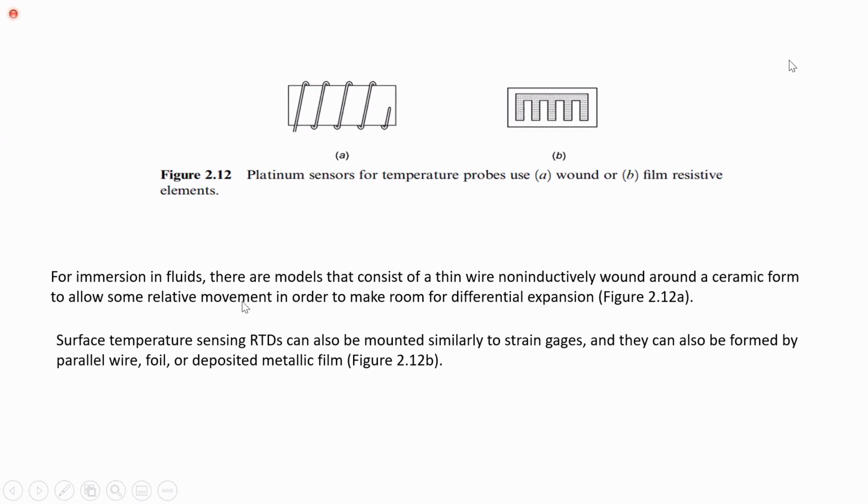Surface temperature sensing RTDs can also be mounted similarly to strain gauges, and can also be formed by parallel wire, foil, or deposited metallic form. These are the two types of RTDs useful in different applications.